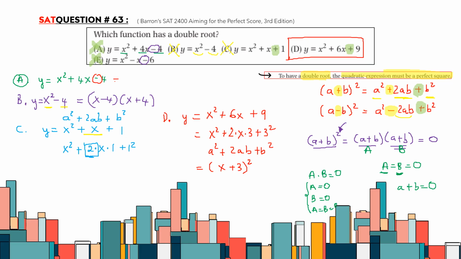For A, if we try to factor it, we have to use the AC method. What are the two numbers? A times C is -4, so the two numbers multiply to -4 and add up to 4.